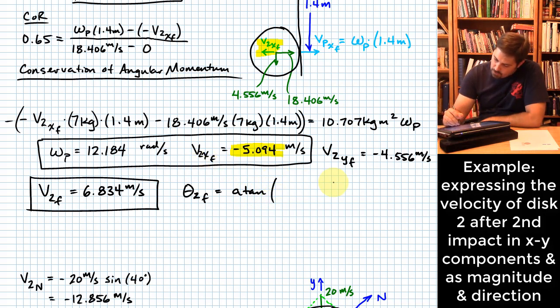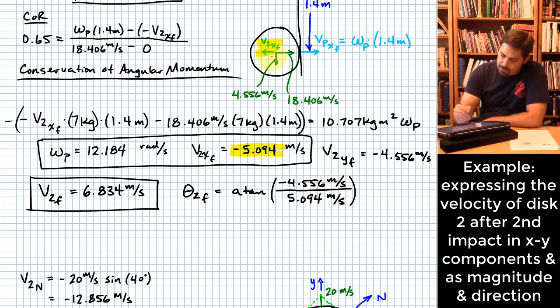As far as a direction, we'd look at the y, which is negative 4.556 meters per second. Be careful here. If we're trying to do this relative to the positive x direction, and I assumed this was in the negative already, I want to put a positive 5.094 down here.